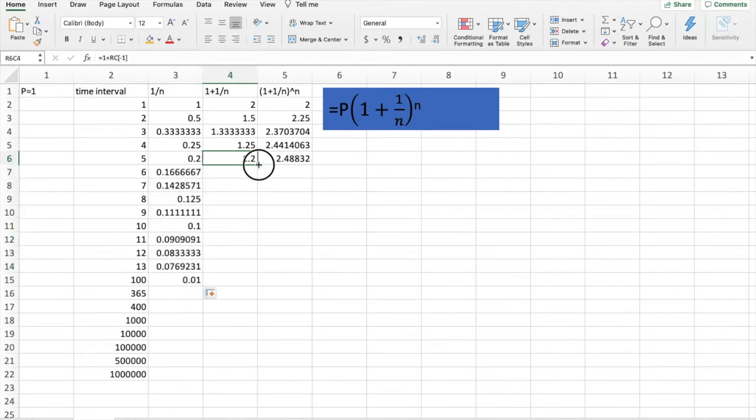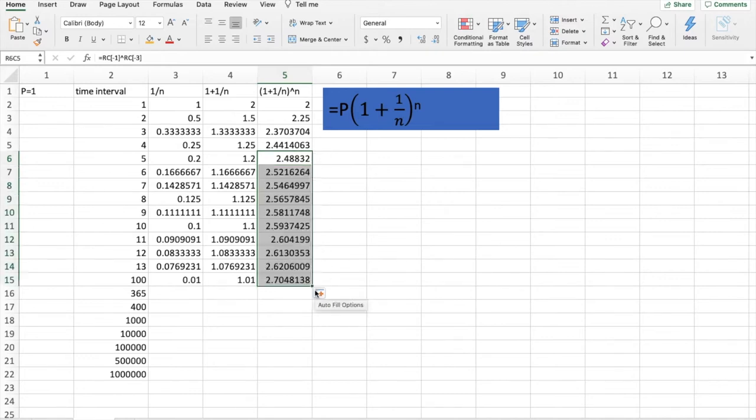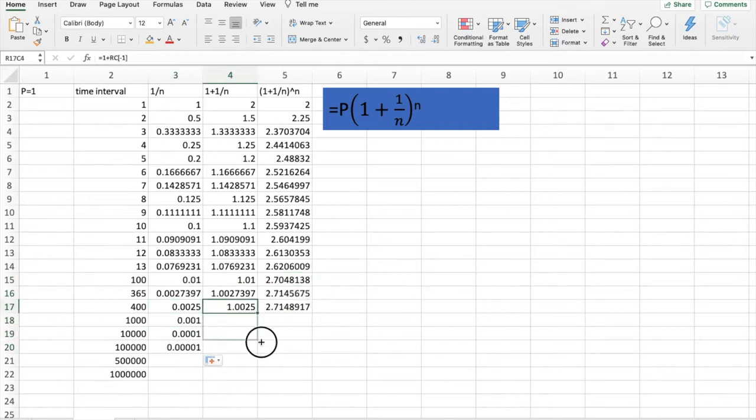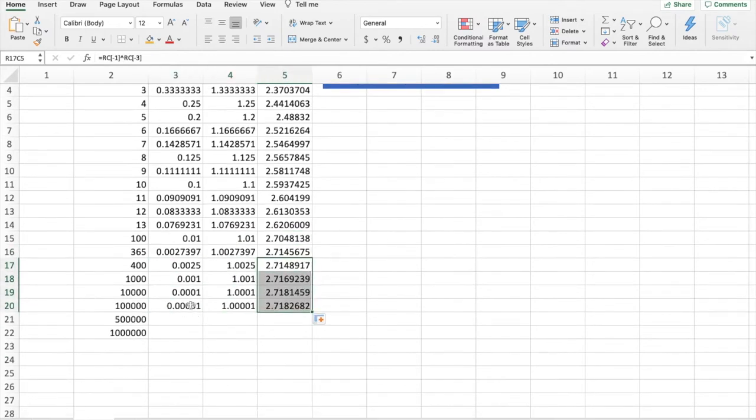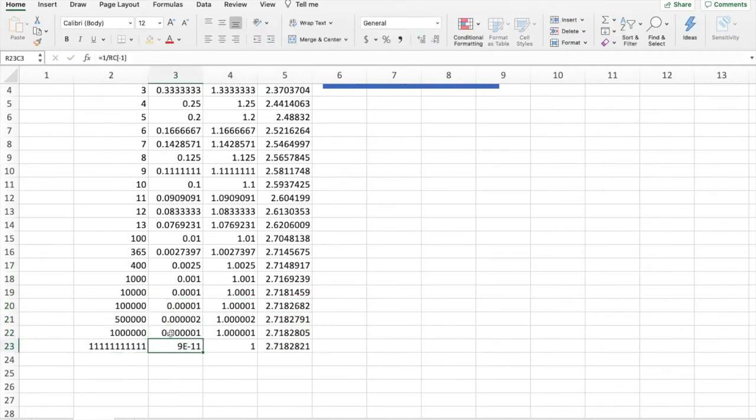Let us check what will happen. At further larger numbers, let us check what will happen. The same value will come.